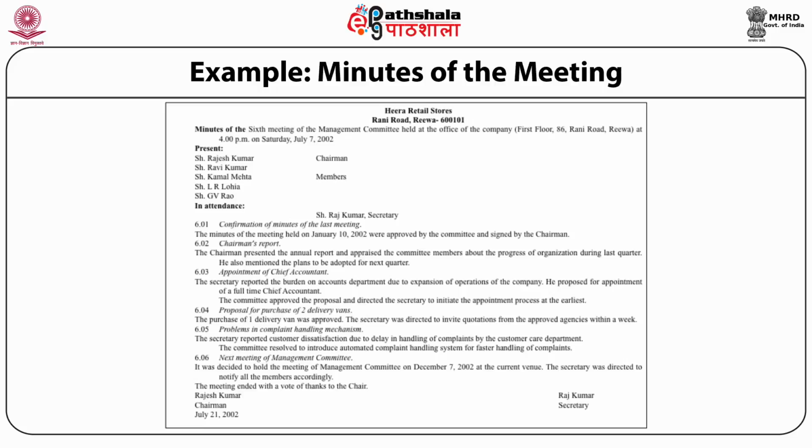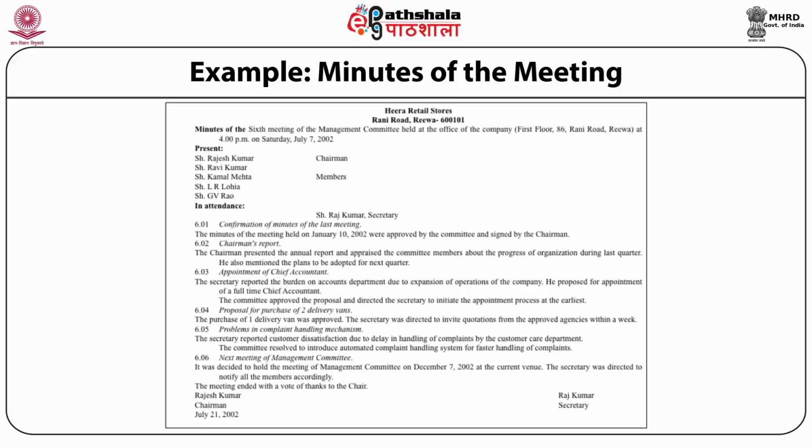Here the agenda items are 6.01 to 6.06. Under each agenda item, the deliberations, discussions and decisions are to be mentioned. For example, under agenda item 6.01, which signifies confirmation of minutes of the last meeting, the decision is that the minutes of the meeting held on January 10, 2002 were approved by the committee and signed by the chairman.